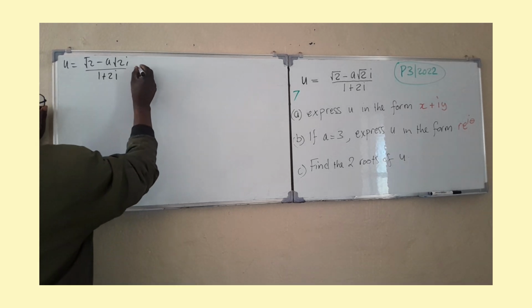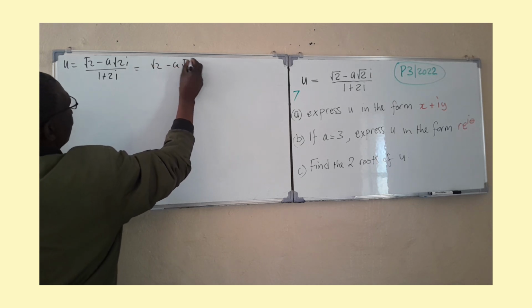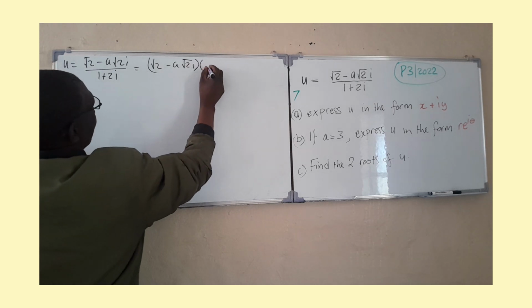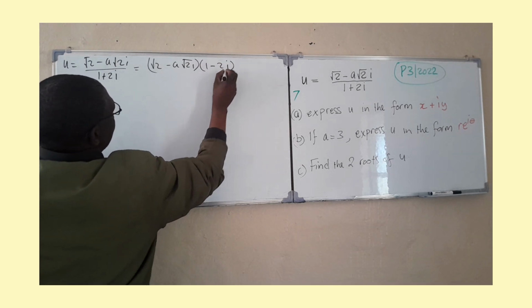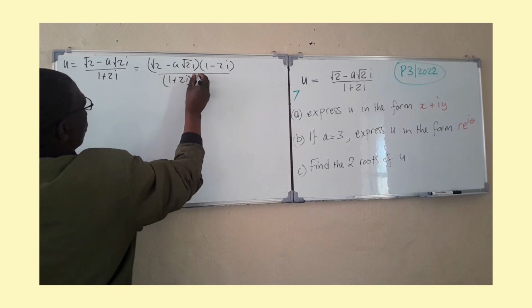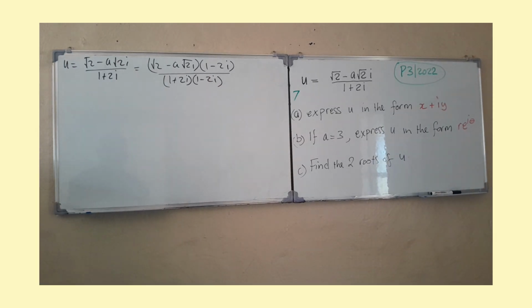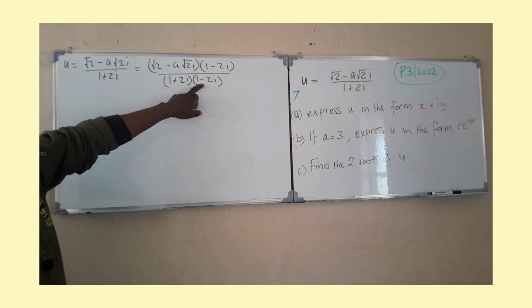So that gives us root 2 minus a root 2i in brackets multiplied by 1 minus 2i, all this over 1 plus 2i multiplied by 1 minus 2i. Notice what we did. We multiplied the denominator and the numerator by the complex conjugate of the denominator. The complex conjugate is you simply change the sign immediately before the imaginary part. If it was minus, it would then become plus, but it is plus here, so the complex conjugate is 1 minus 2i.